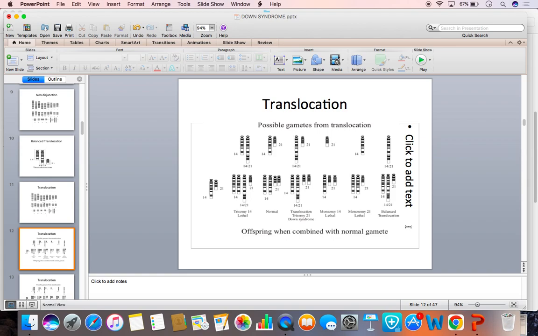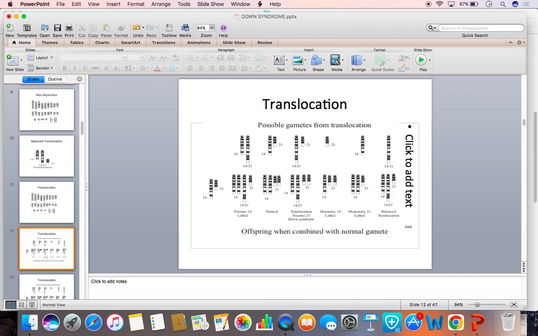Translocation Down syndrome, how many chromosomes will the individual have? 47 or 46? It is 46. And the additional genetic material of 21 is sitting on the 14 chromosome, with two normal copies of 21. Right?